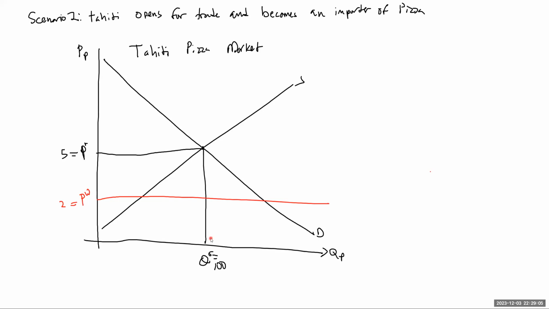And then what happens after that? You've got the Tahiti domestic producers, they're trying to charge $5 each. No one's going to buy their pizza. Maybe they'll do marketing. Buy Tahiti, buy Tahiti. No one cares. Why should I buy Tahiti pizza for $5 each when a perfectly good Chinese Little Caesar pizza costs $2 each?